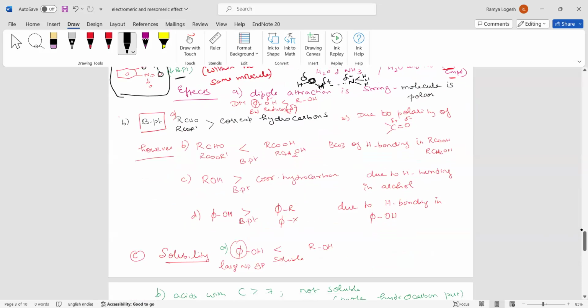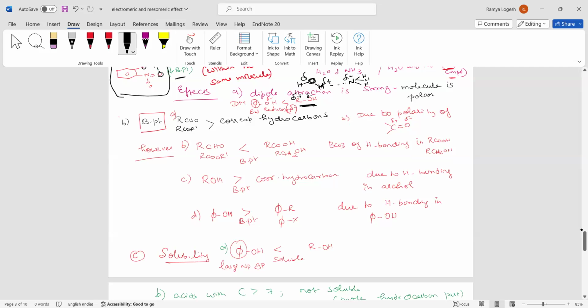Whose dipole moment is more? It's obvious alcohol's dipole moment is more. Why? This is delta plus and this is delta minus, but phenyl is not that much positive. It's not positive at all. Therefore, alkyl alcohols have more dipole moment compared to aromatic alcohols.